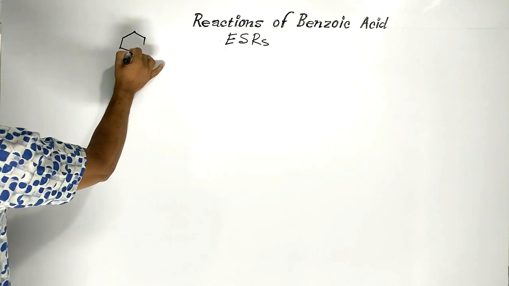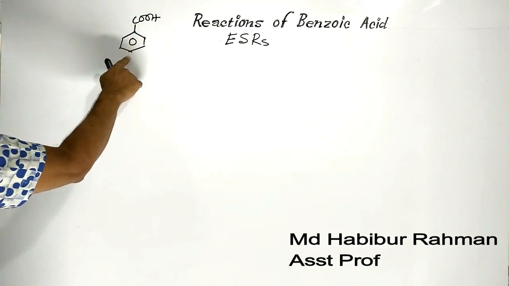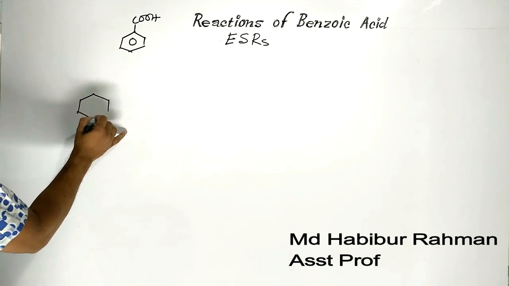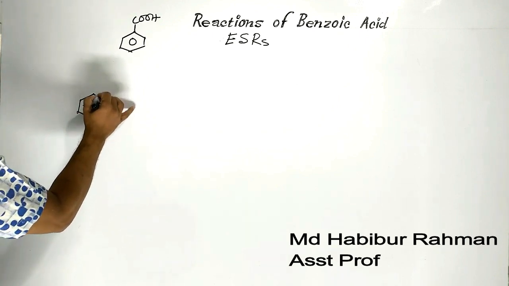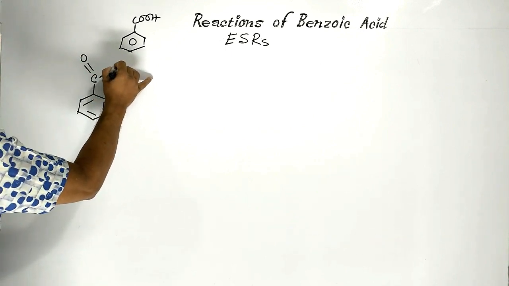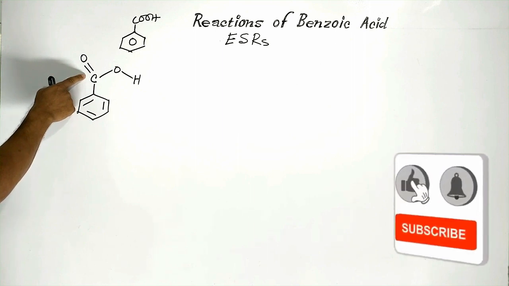Benzoic acid. This can be written in this way. Carboxyl group.